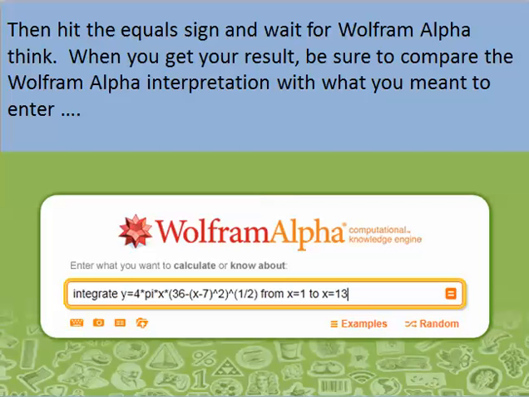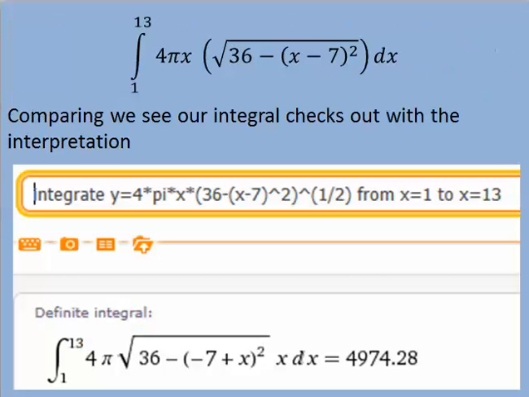Now when you get your result, be sure to compare the Wolfram Alpha interpretation with what you meant to enter. Sometimes we think we enter one thing when we really enter another. So let's compare the integral at the top of the screen and the integral at the bottom of the screen.